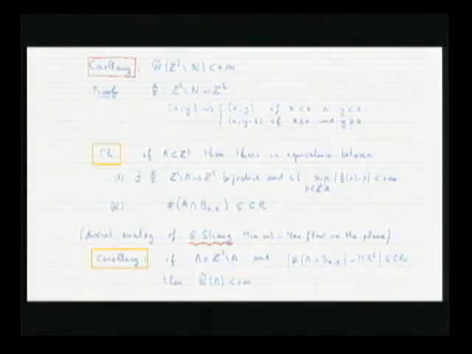So if I take a subset of Z squared, the existence of a bijection which moves points at a uniformly bounded distance is equivalent to the fact that the number of points of A in any ball of radius R is bounded by a constant times R. So that's a very nice fact, and in fact it's a discrete analog of a result of Gilbert Strang, in a paper called min cut max flow in the plane, and it's based exactly on minimum cut and maximum flow duality.